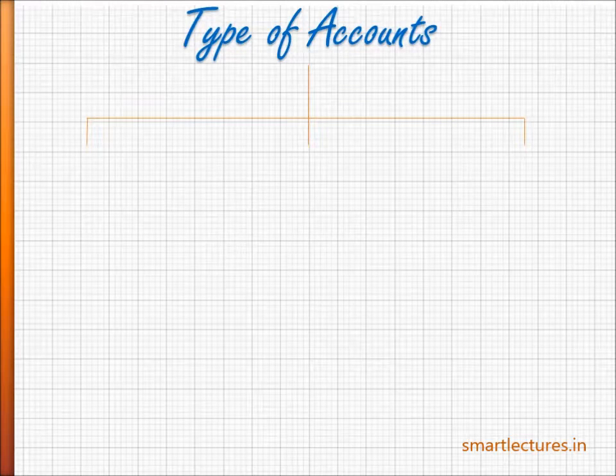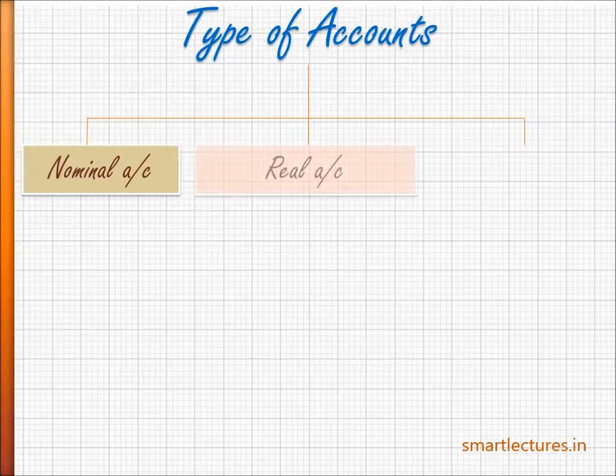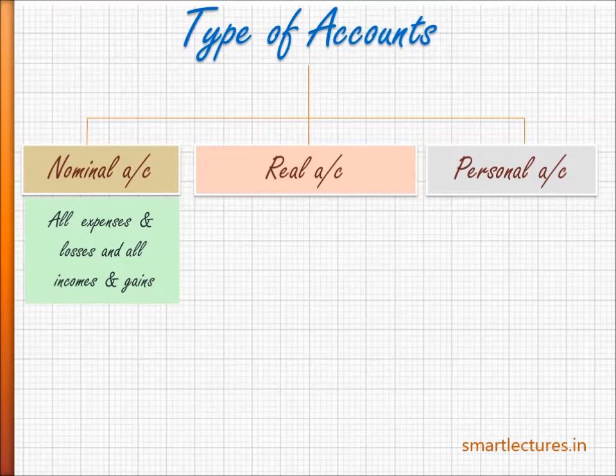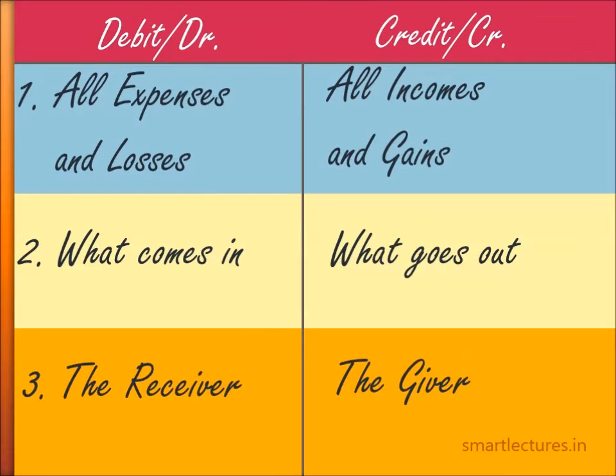Number one, nominal accounts. Number two, real accounts. Number three, personal accounts. What are nominal accounts? Means all expenses and losses and all incomes and gains. Do you remember the rule of debit and credit? If you look at the table, what was there?